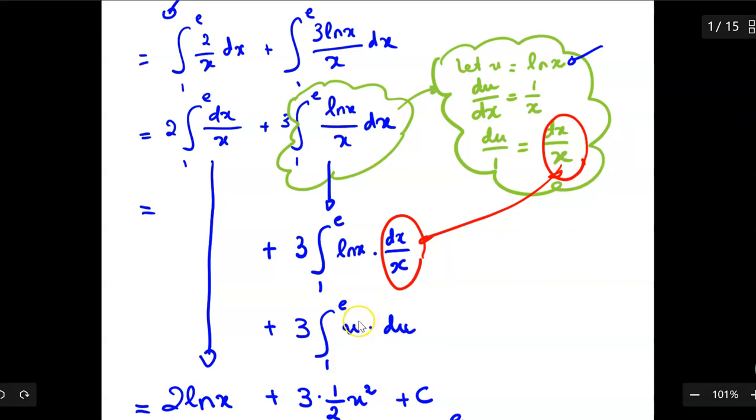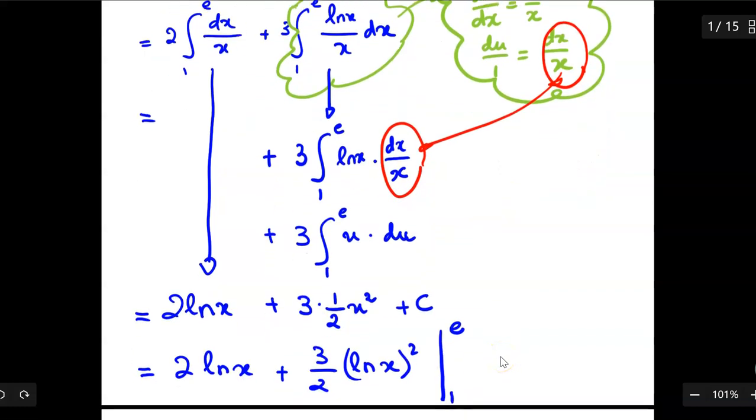So here's u to exponent 1. I add 1 to that, therefore I divide it by 2. That means I multiply by a half, and then there's my exponent 2. Now apply the fundamental theorem for this. I have 2 ln x plus 3 over 2 times ln x, all of it squared, evaluated from 1 to e as the lower limit to the upper limit. Okay, so we can quickly do that on this side.